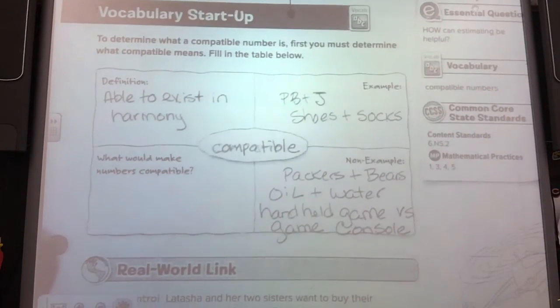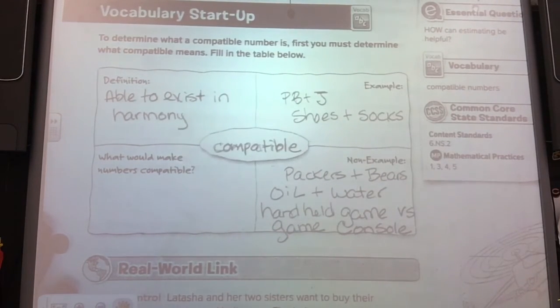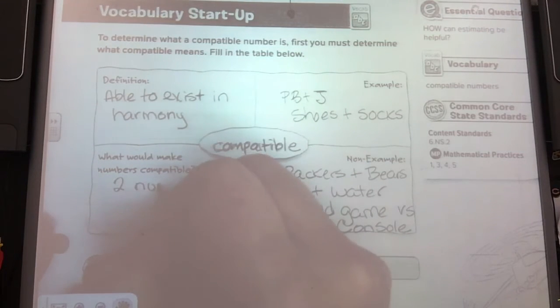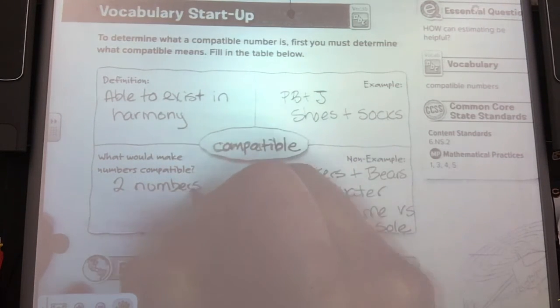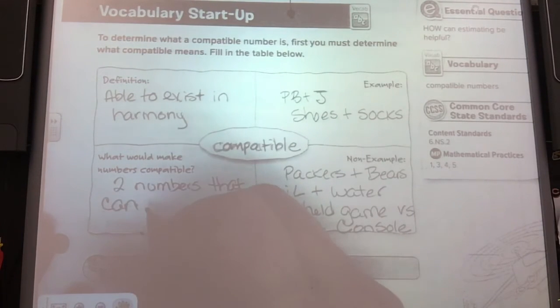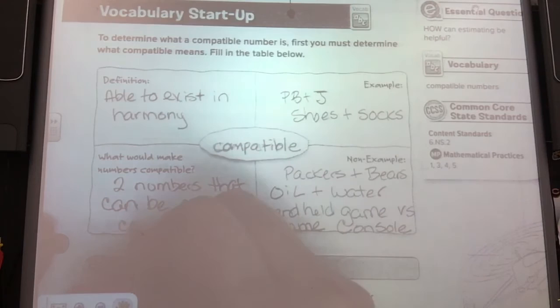All right, what would make math numbers compatible? Well, that is two numbers that can be easy to compute.